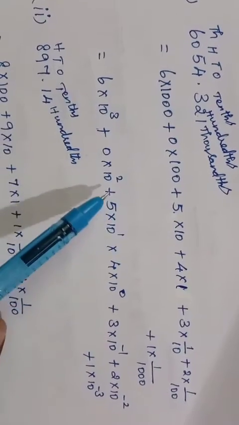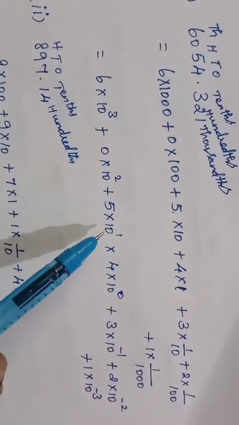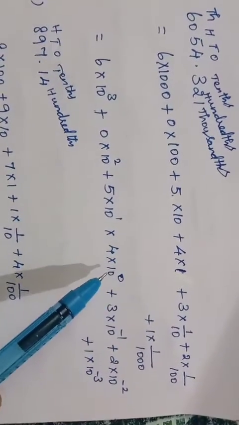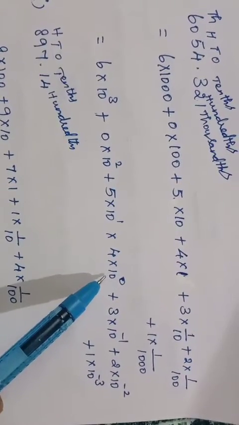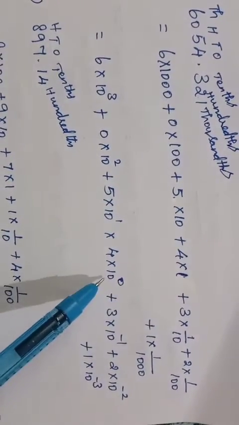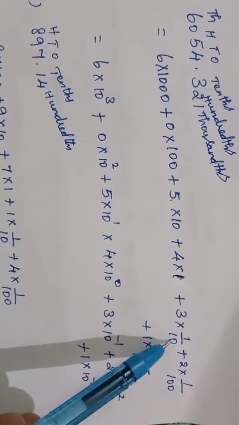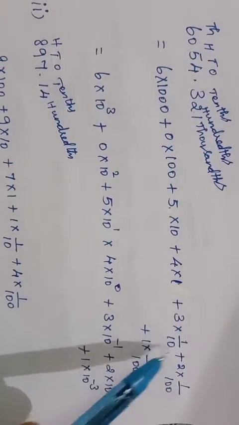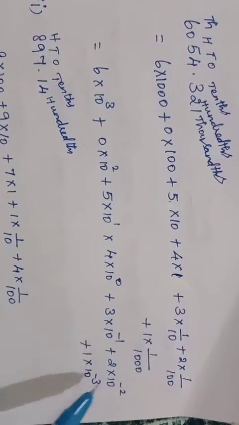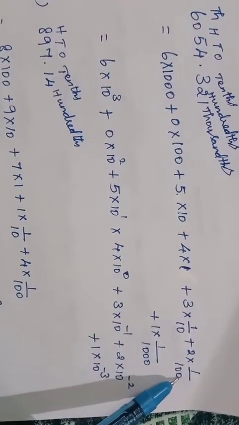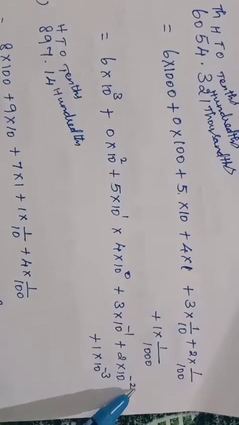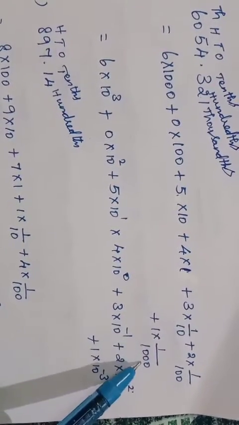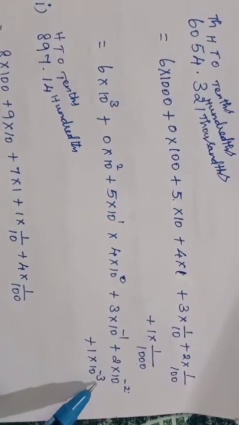10 cube, then 10 square, then 10 power 1, then 10 power 0. Anything power 0 is 1, so it is written as 10 power 0. For 1 by 10, take it to the numerator: it is 10 power minus 1. 1 by 100 is 1 by 10 square, so 10 power minus 2. For 1 by 10 cube, take to the numerator: 10 power minus 3.